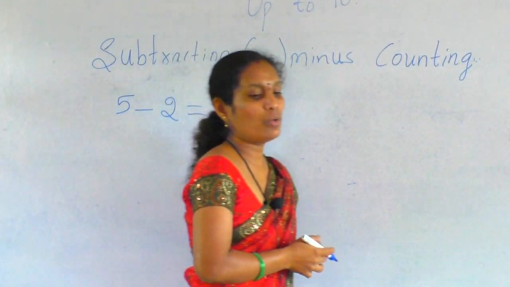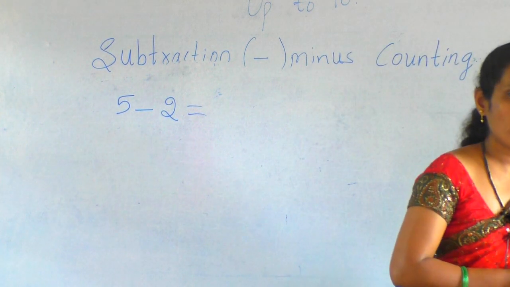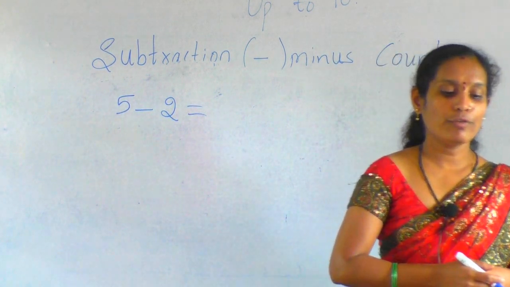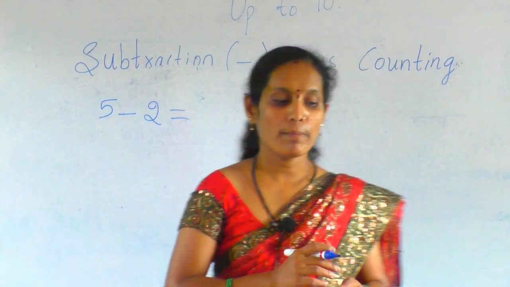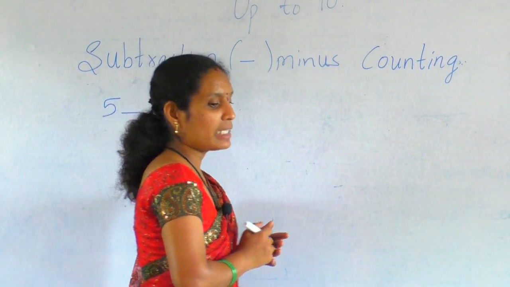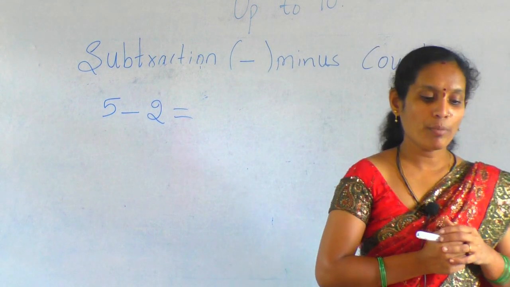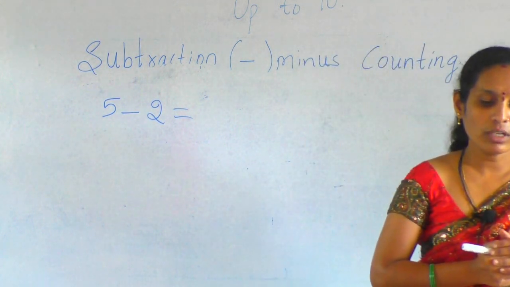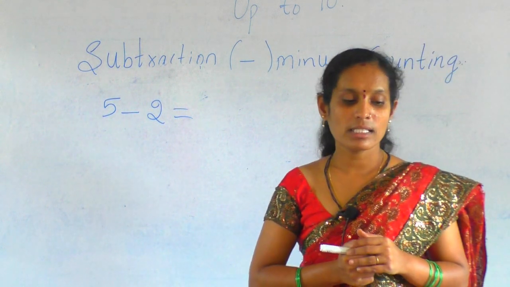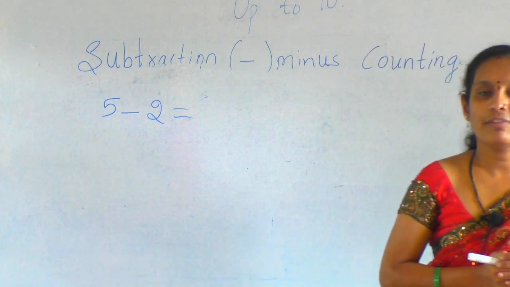By counting. Counting means what? To subtract 2 from 5, keep the smaller number, that is 2, in mind. Then start counting from 2 to 5, opening one finger for each count. After 2, count till 5, that is 3, 4, 5.